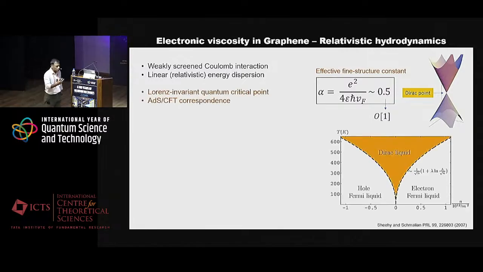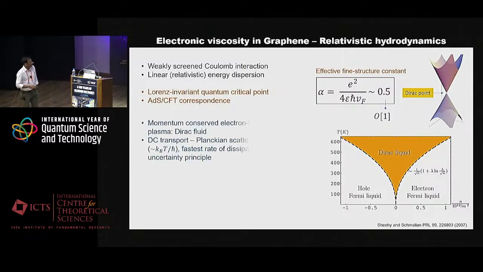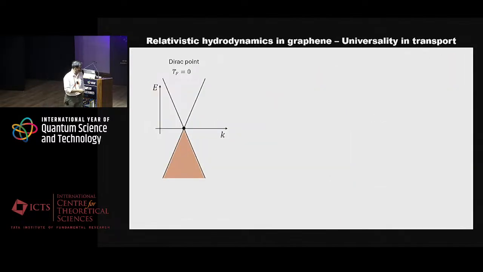And that leads to the possibility that at the Dirac point of graphene, it evolves into a Lorentz invariant quantum critical point, where you start seeing the physics that we saw in the morning today: possibilities of electron-hole scattering at the Planckian rate and various universal transport properties and so on and so forth.